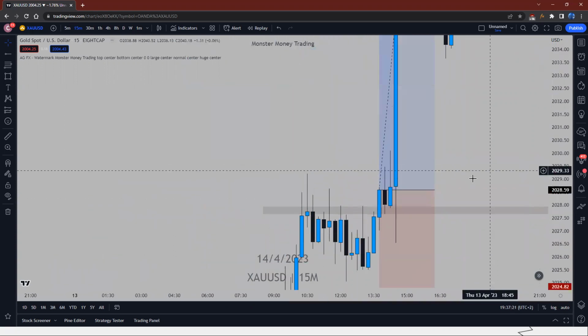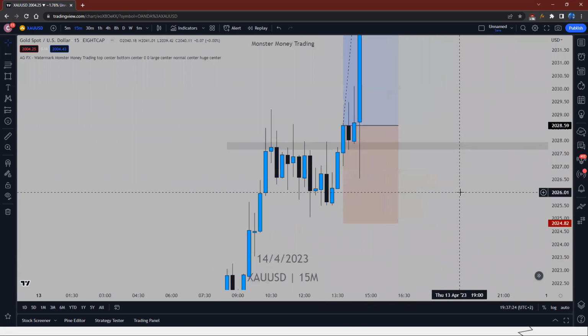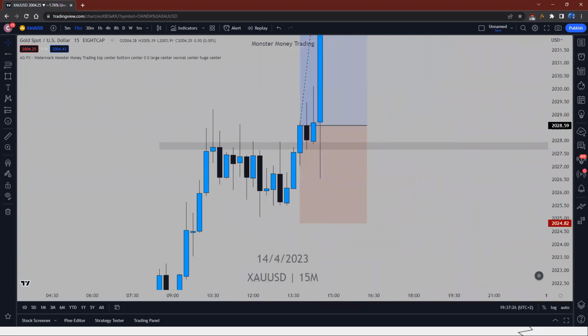If this 15-minute had closed a stronger bearish candle or closed engulfing the previous 15, that would have been a different story. And that could have been a signal to manage risk. Because if that 15 had closed more like that, that doesn't look too good. And we would probably want to be out of that position. On that note, we also probably wouldn't want to see that previous 15-minute low being broken.